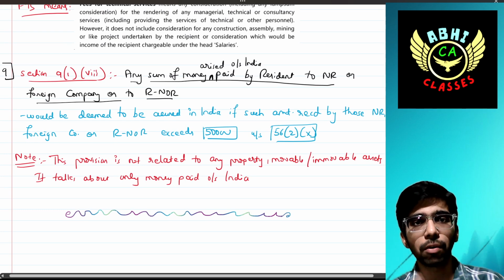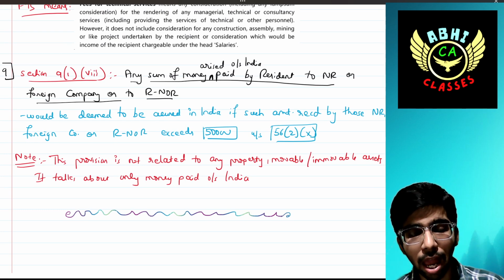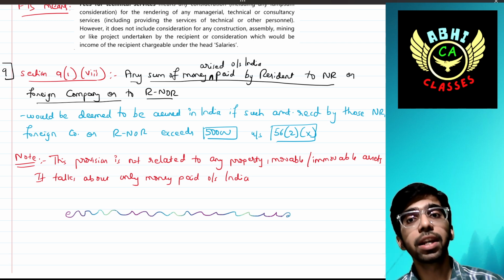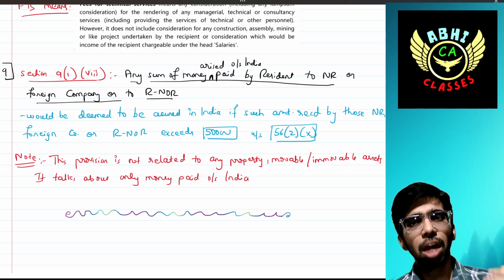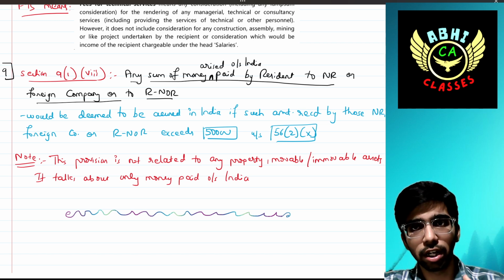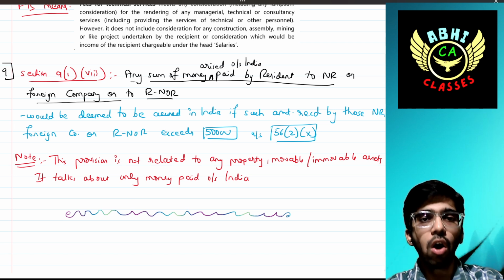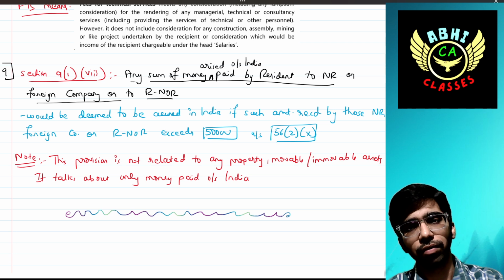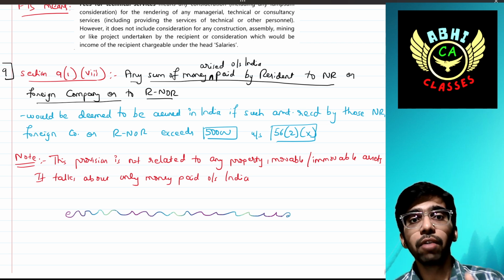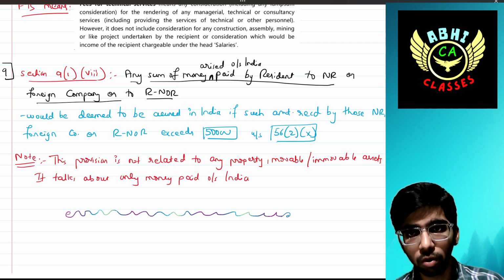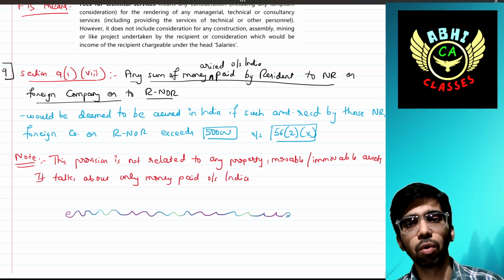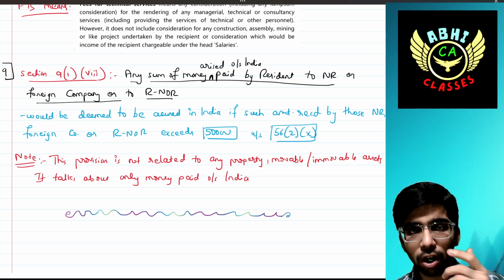Section 9, sub-section 1, clause 8. Any sum of money arising outside India, paid by a resident to an NR. I am a resident and I am paying any sum of money to an NR or foreign company or R and NOR. It would be deemed to accrue in India if such amount received by those NR or foreign company exceeds 50,000 under section 56(2)(x). What is 56(2)(x)?